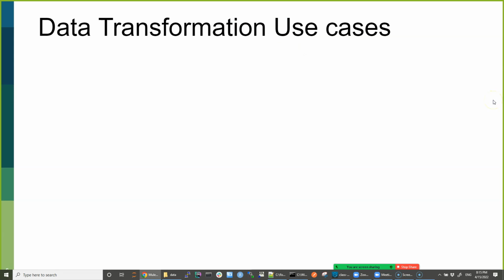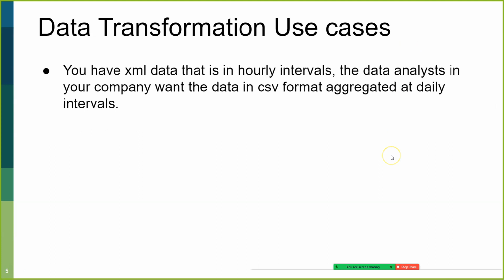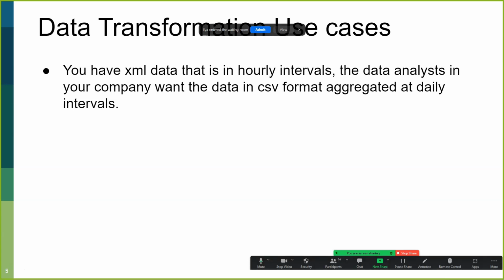I have some data transformation use cases here to help you understand why data transformation is very important. One example could be that you have XML data in hourly intervals, and the data analysts in your company may want the data in CSV format because CSV is easy for them to analyze. Plus, they want the data not in hourly intervals, but at daily intervals.